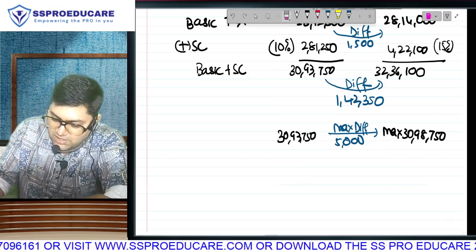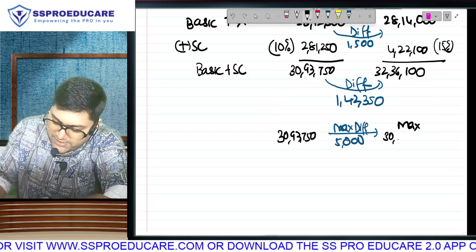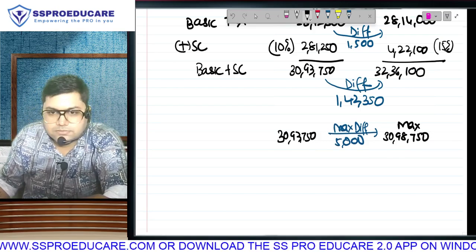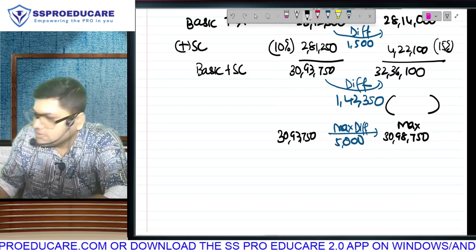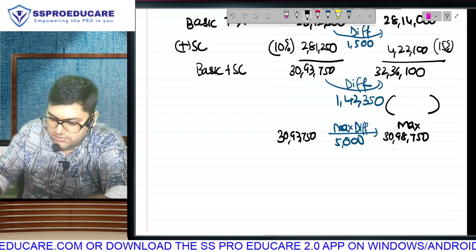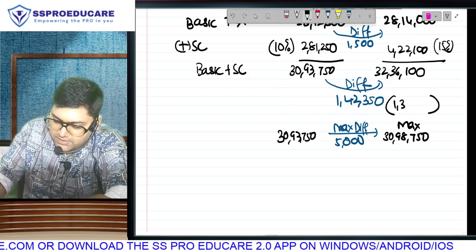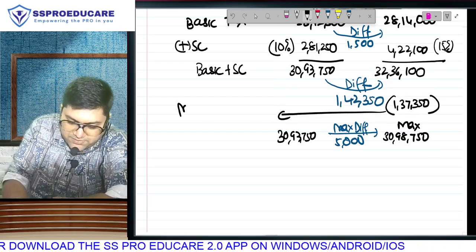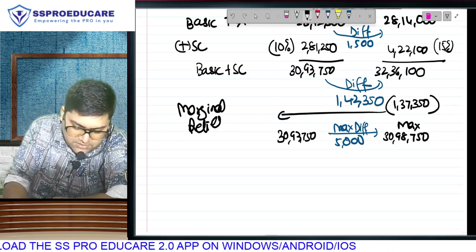So if we have to keep only 30,98,750, we will have to subtract some amount. Think about it. How much? Subtract 1,37,350. This amount that we are subtracting, ladies and gentlemen, is your marginal relief.